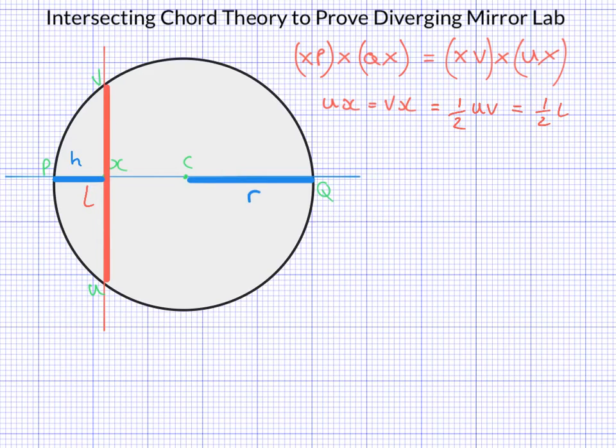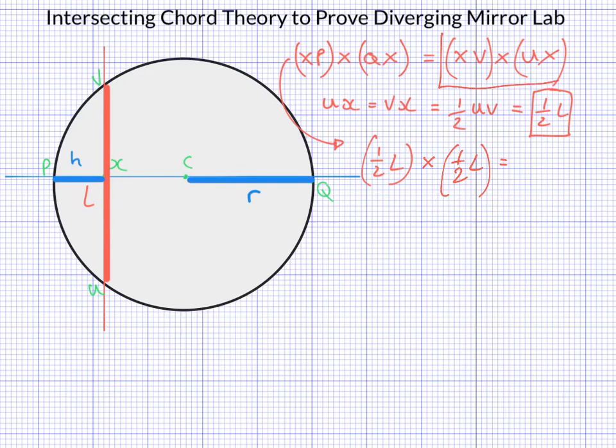Now I'm just going to restate my intersecting chord theory, but I'm going to state it in terms of half L. So I'm going to say that half L, which remember is half of that big thick red line over here, multiplied by, guess what, half L, is equal to my intersecting chord theory, UX and VX.